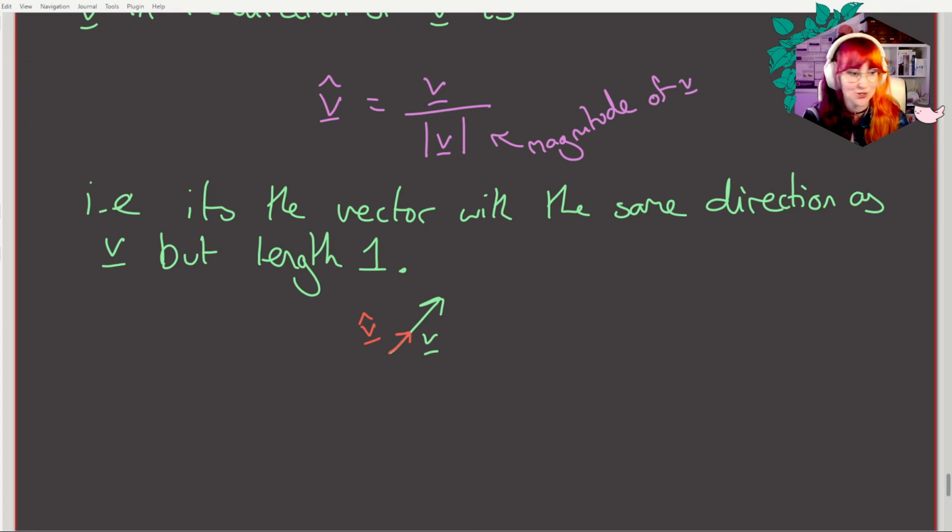So in R2, any vector of length 1 is going to be sort of, you know, there, or anywhere on this circle.